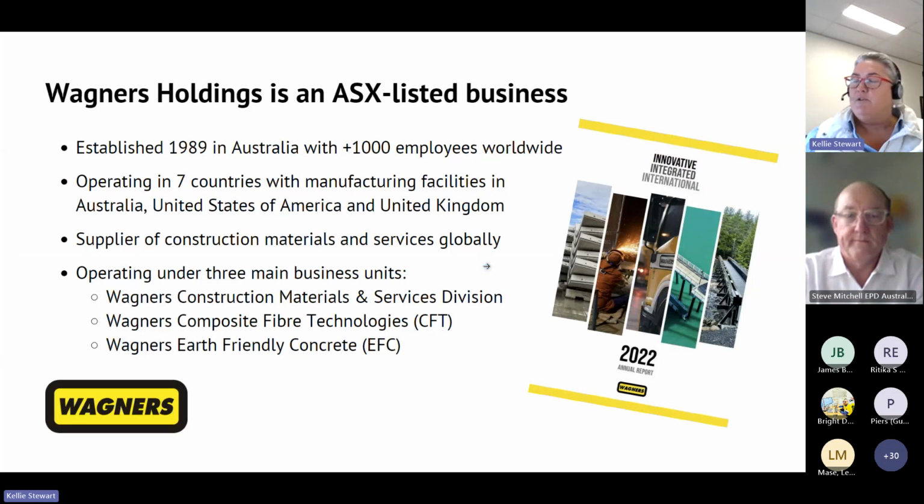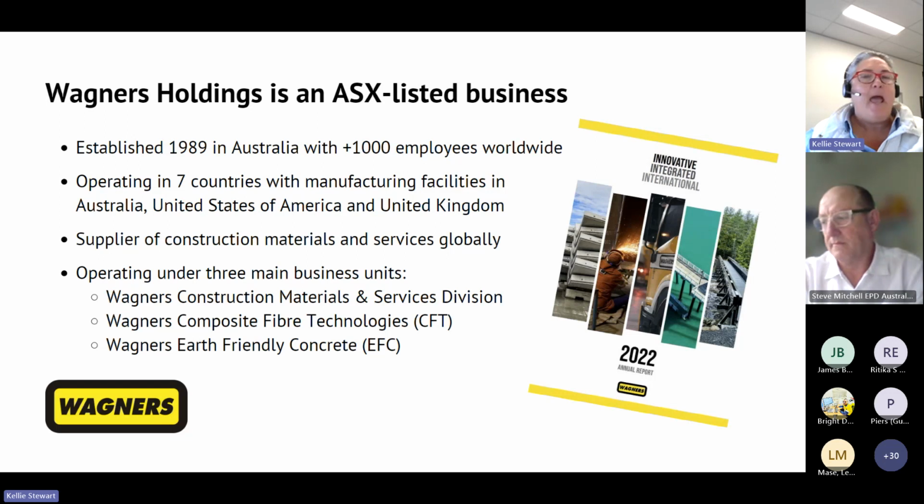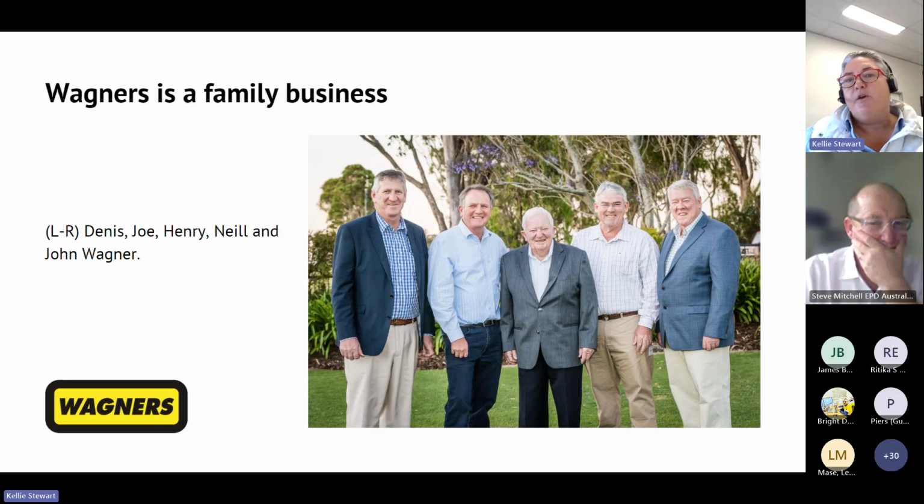There are 3 main business units, including Wagners Construction Materials, which includes cement, fly ash, aggregates, precast concrete, reinforcing steel and bulk haulage services, Wagners Composite Fibre Technologies, which we've been discussing today, and Wagners Earth-Friendly Concrete. Wagners Holdings is still very much a family business, with Dennis, Joe, Neal and John Wagner actively involved in day-to-day operations.